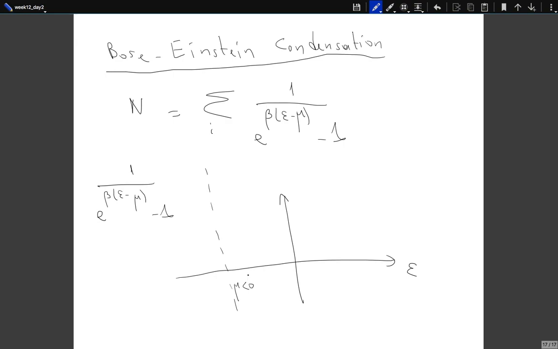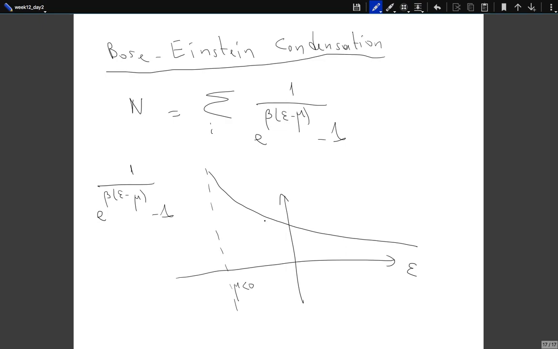And then it gets smaller and smaller as epsilon gets larger and larger, and eventually for large enough epsilon, it decays to 0 exponentially. So this will be the behavior.